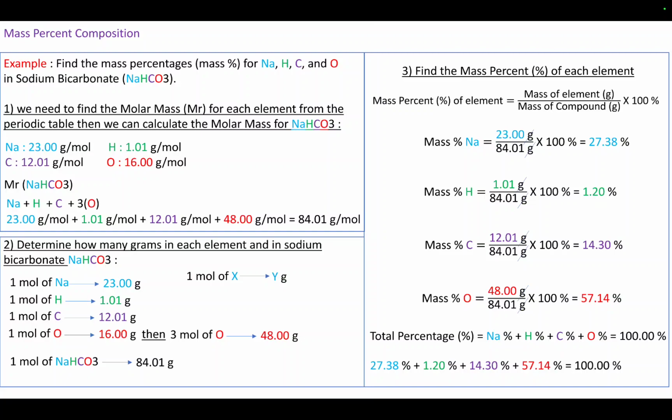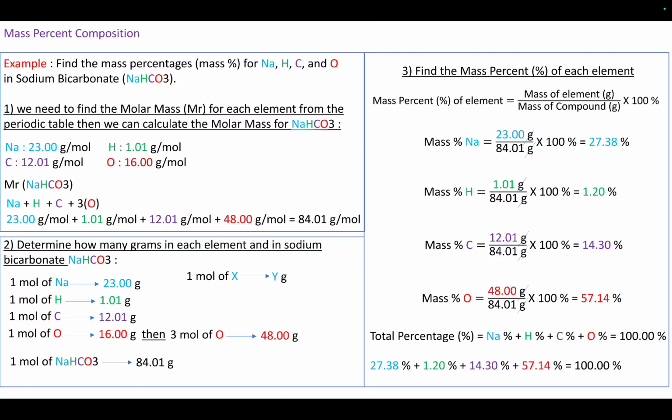Find the mass percentage for Na, H, C and O in sodium bicarbonate, NaHCO3. We have 3 steps to find the mass percent composition for the 4 elements in the sodium bicarbonate compound. First step, we need to find the molar mass for each element. After that we can find the molar mass for the sodium bicarbonate.